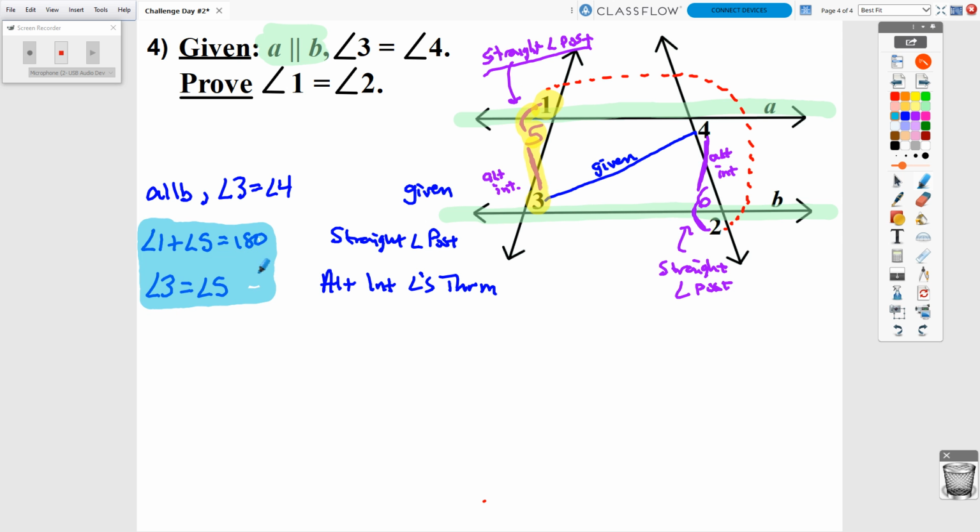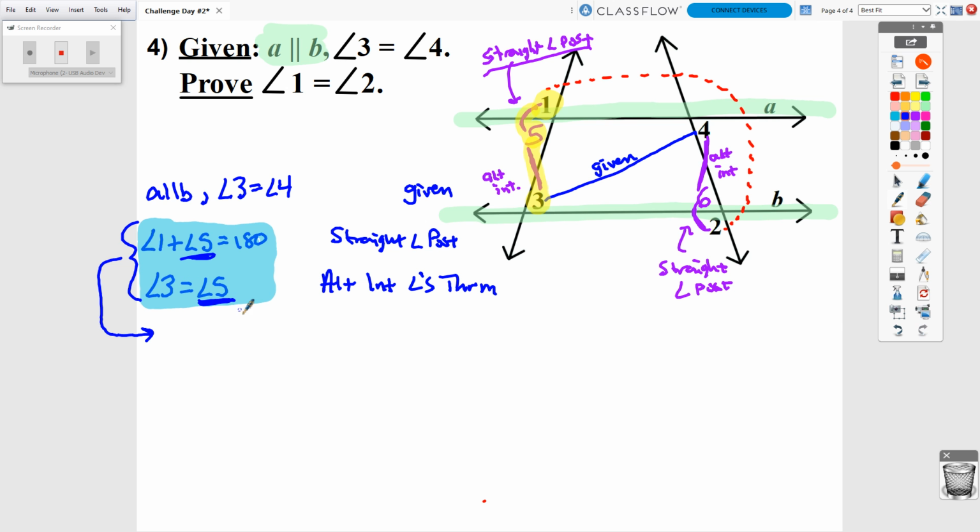Now it's time, ideally, this is where I would do some substitution. Let's take these two pieces, and who's the middleman between 1, 5, and 3? The middleman is angle 5. So that means angle 5 is going to make its departure through some substitution, or maybe transitive, but at least substitution. So notice, angles 1 and 5 add up to be 180, and angle 3 is equal to angle 5.